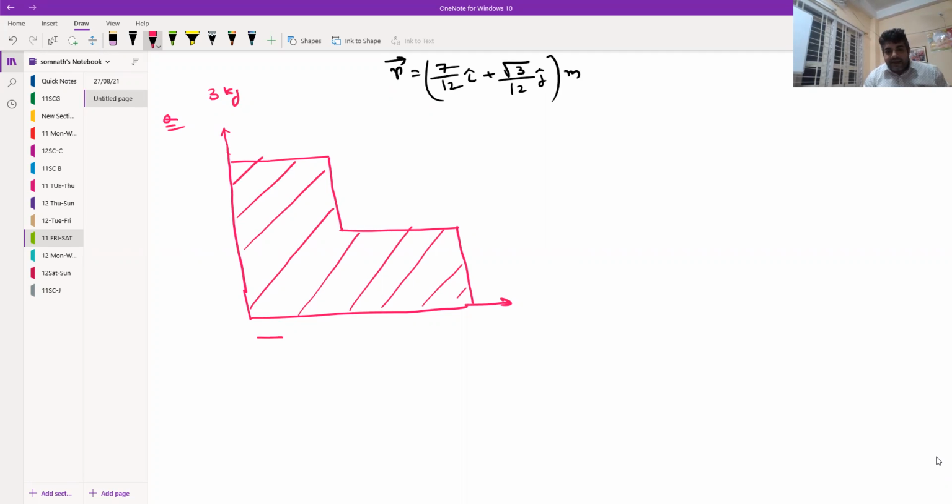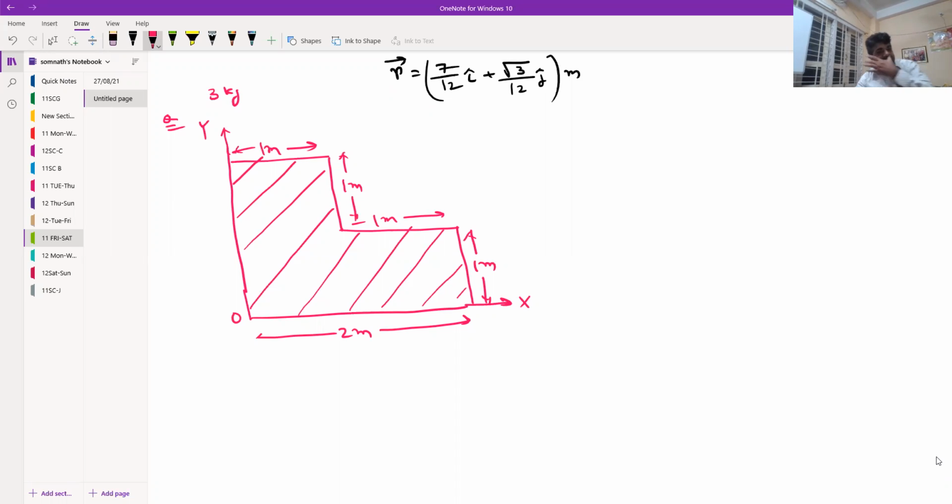So length is 2 meter. This is the x coordinate, this is the y coordinate. This figure they given you. This one is 2 meter, this one is 1 meter, this one is 1 meter, this one is 1 meter, and this one is 1 meter.